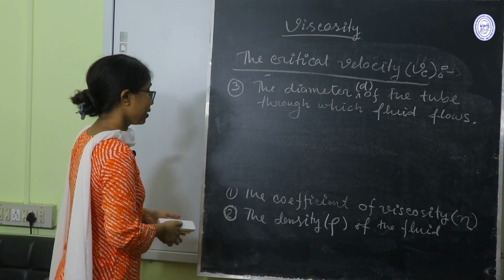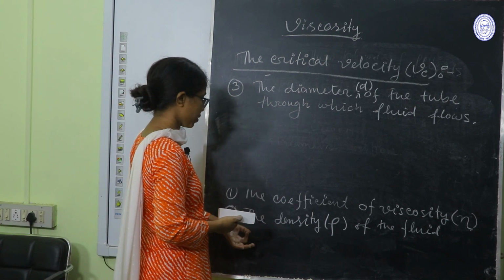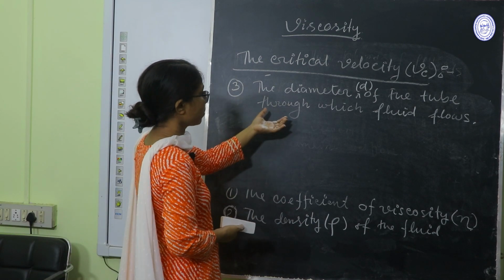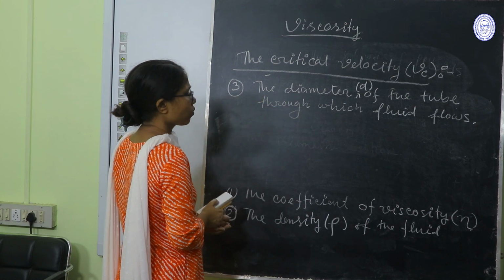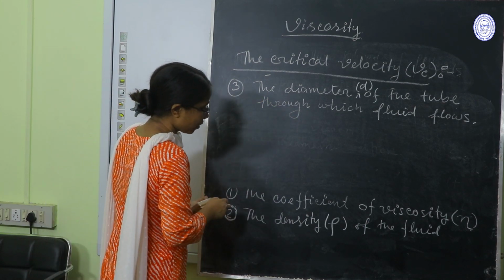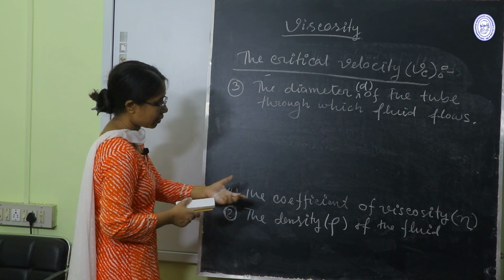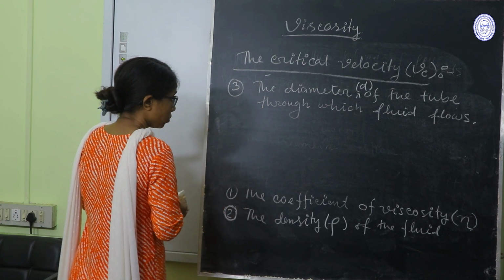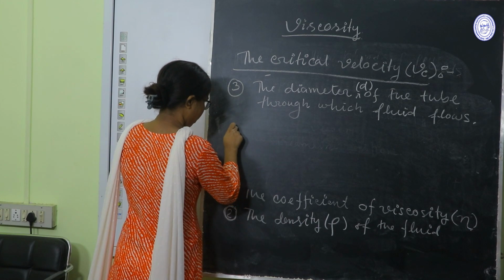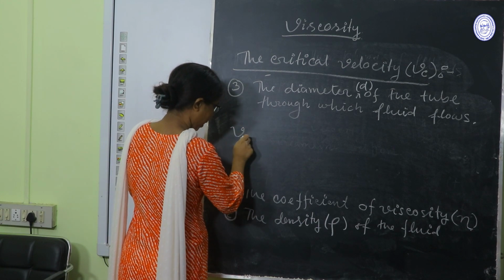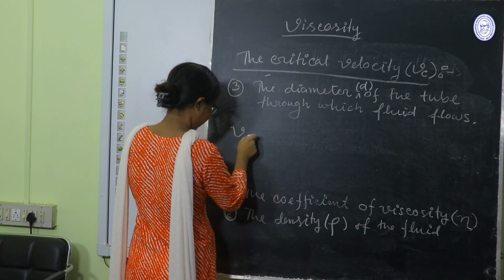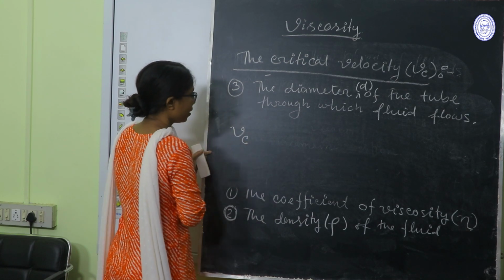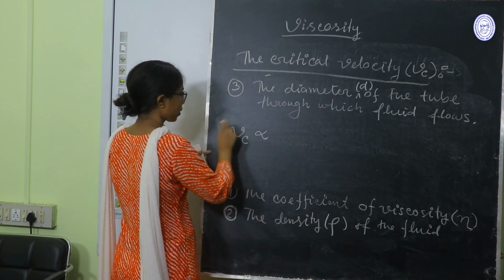So, critical velocity depends on the coefficient of viscosity, the density of the fluid, and the diameter of the tube through which the fluid flows. But how does it depend on them?